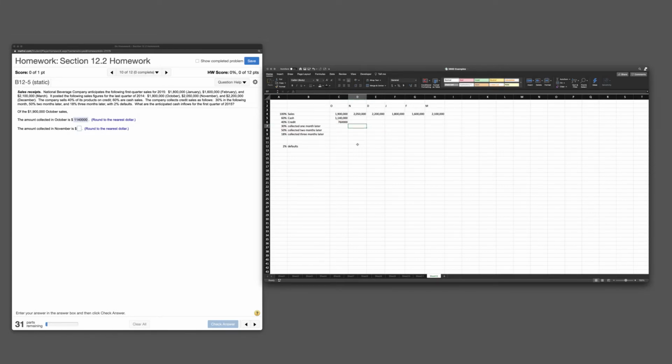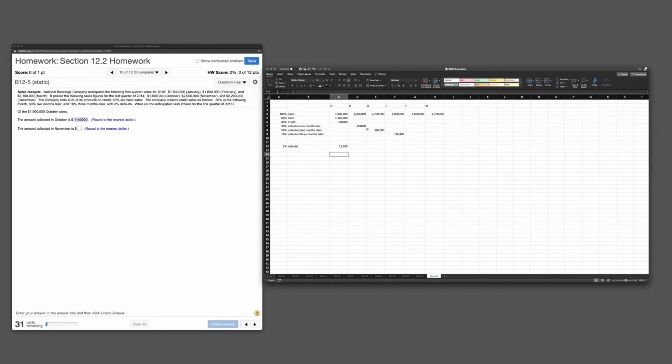So we know that next month we're going to get 30% of it, and we know that we're going to receive 50% of it in December, and finally we know that we're going to get 18% of it 3 months later. And finally we also know that of that credit, we're not going to receive 2% of it. So we'll never get that 2%.